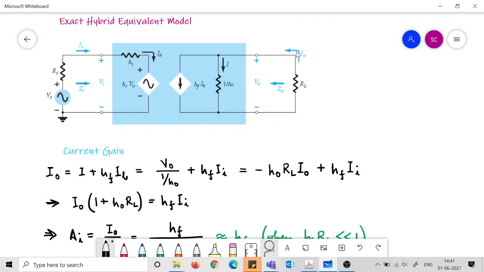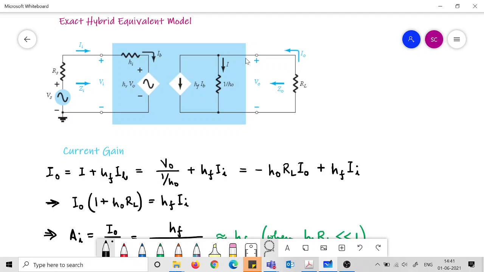Anyway, this I is the current flowing through the 1 by HO resistance, the output admittance. So this I is that current, and another current HFIB is already there. Why is it called IB? It is II. Basically II is the same as IB, the base current.